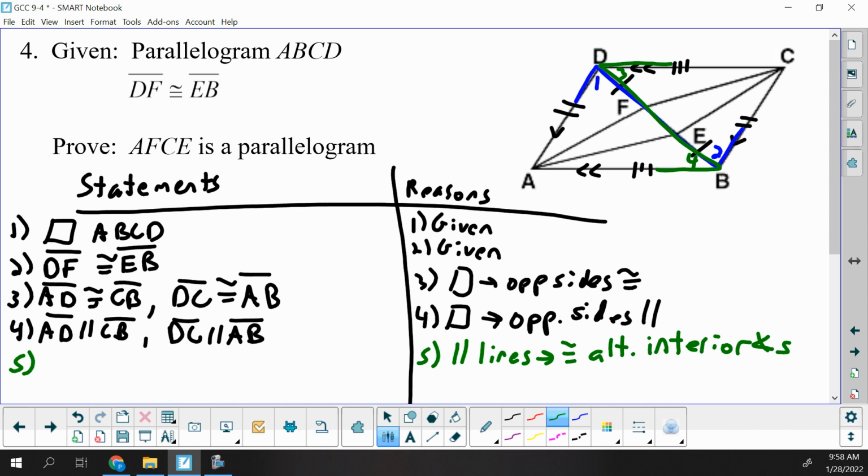And we got 2 pairs there. Make sure we're doing greens congruent to greens and blues to blues. So we got angle 1 congruent to angle 2, angle 3 congruent to angle 4. And once you say it in your proof, we can mark those angles up in our picture.